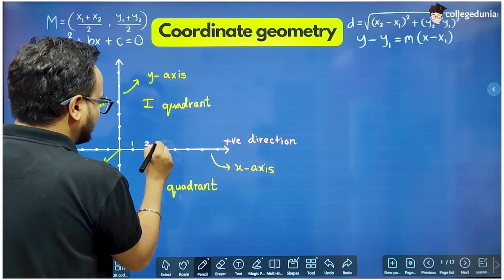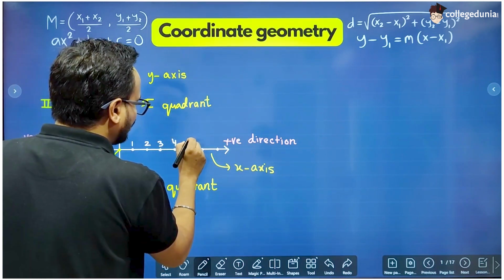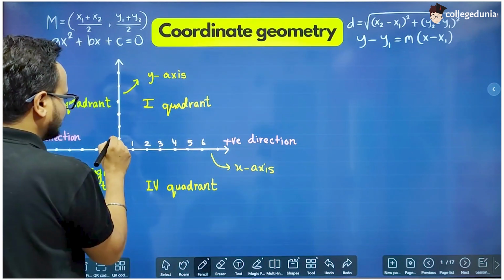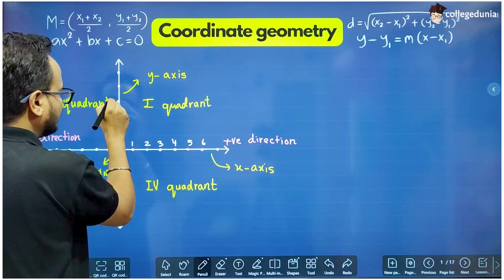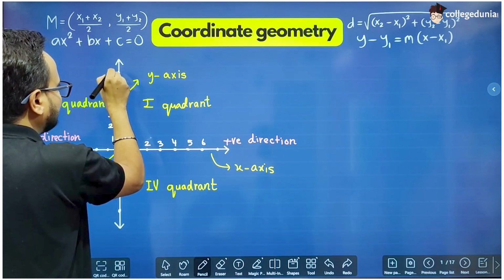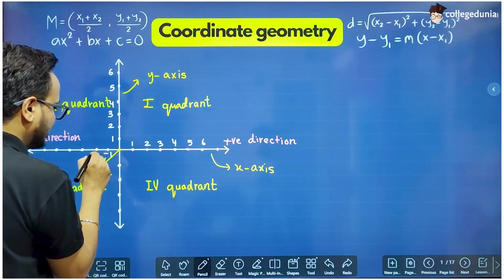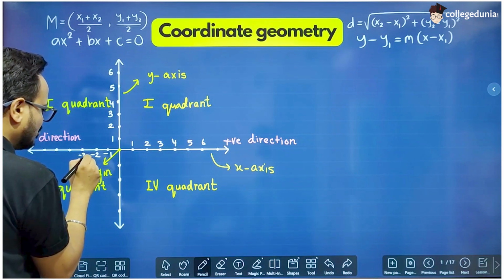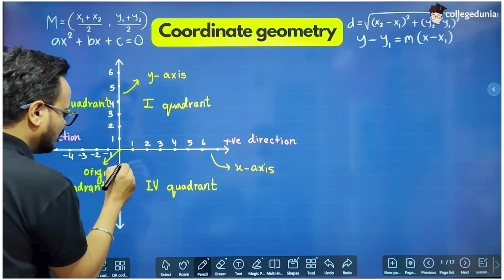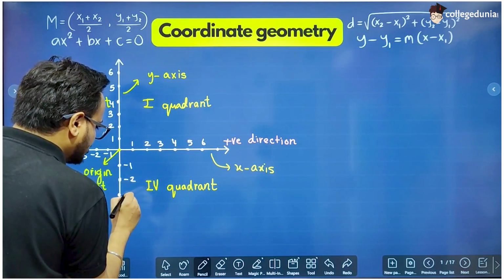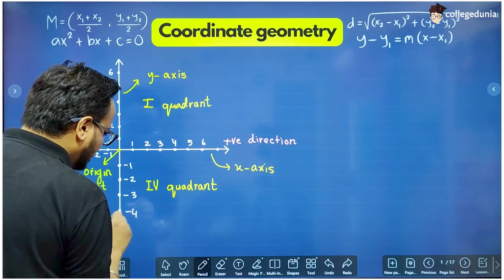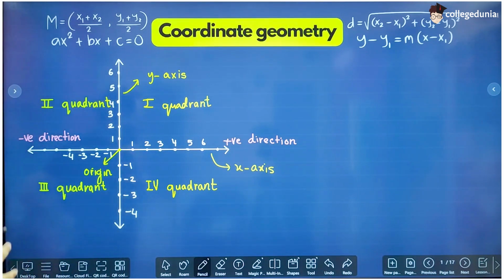So these values are 1, 2, 3, 4, 5, 6. Similarly 1, 2, 3, 4, 5, 6. And these values are -1, -2, -3, -4, and so on.